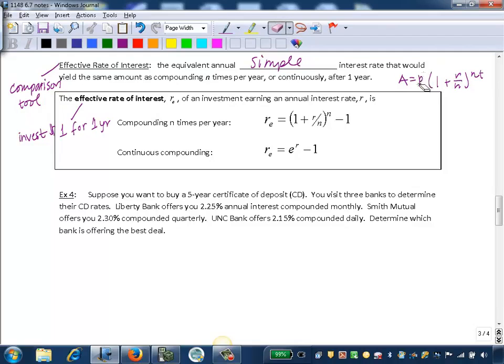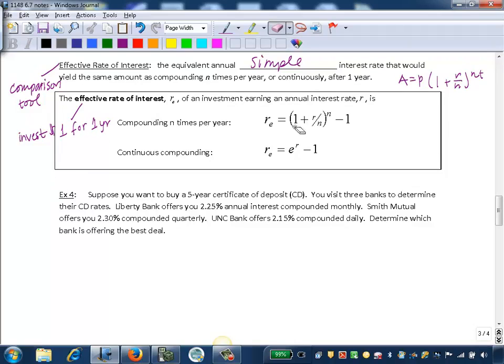If I put a 1 in for P and a 1 in for T, I would be left with this quantity here, 1 plus R over N to the N. So basically I want to calculate, if I invest $1 for a year, how much am I going to make? So here's the amount I'd have at the end of a year if I invest that dollar, and I subtract off that initial dollar. So it's basically calculating how much you would make if you invest $1 for 1 year at a given interest rate.